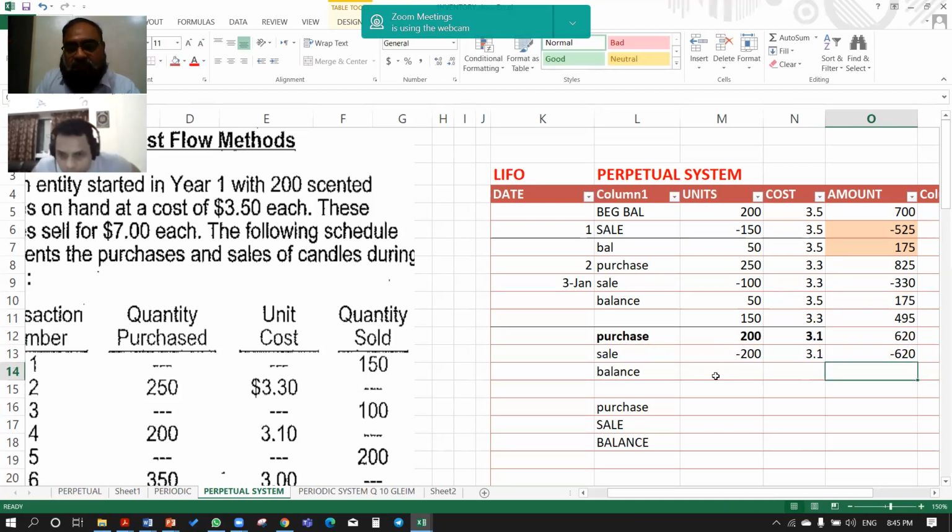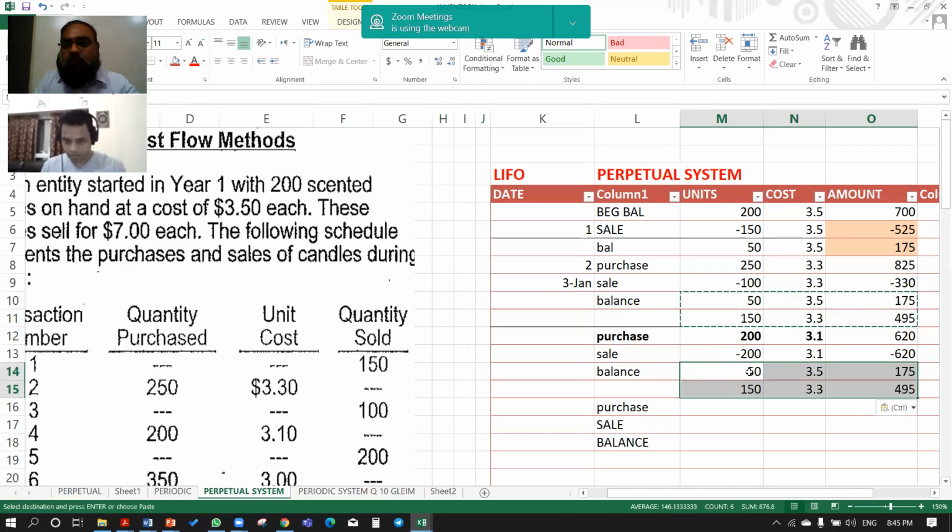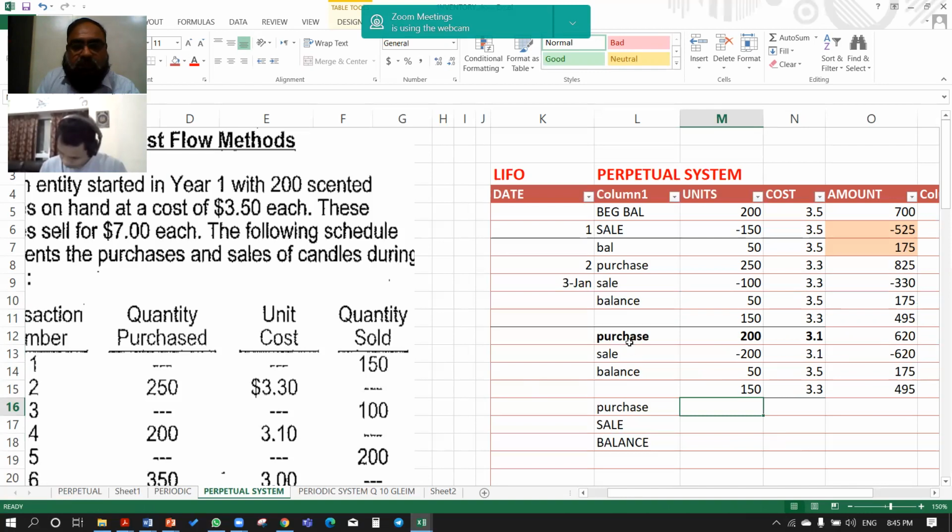So this is the situation. What will be the balance now? We had these three lots, and out of them the last one is sold, which means these two lots are left. Why don't I copy from here. These are the ones left.